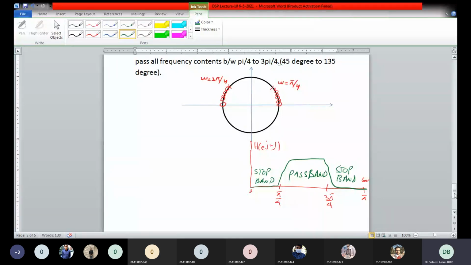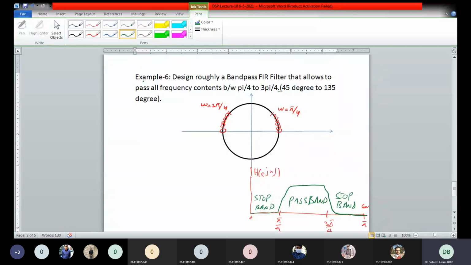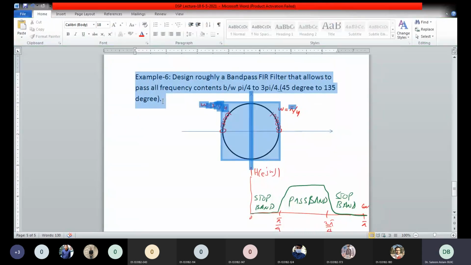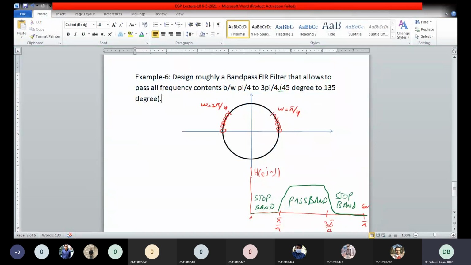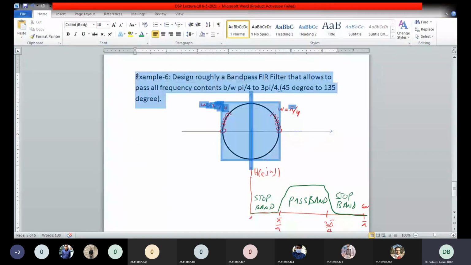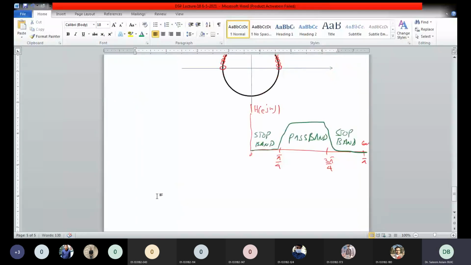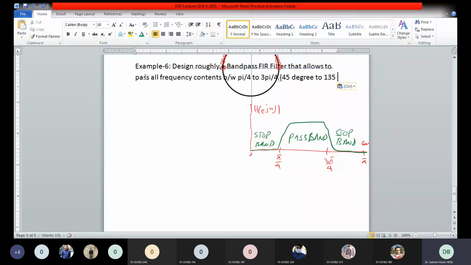How to design a band reject filter that blocks the contents between pi by 4 and 3 pi by 4? The statement is important because if you misinterpret the statement, your answer would be negative. Let me take example number 7. These things are not given in your book, but that is part of your course.